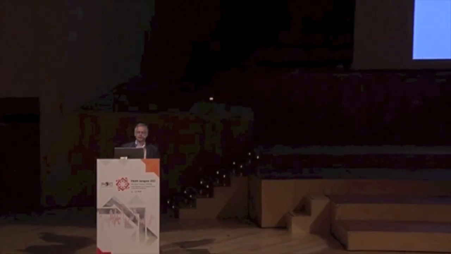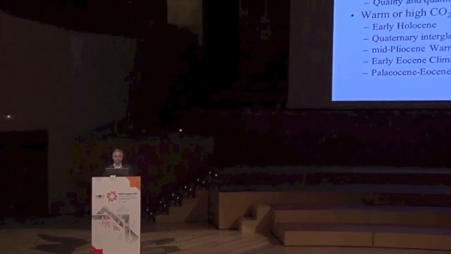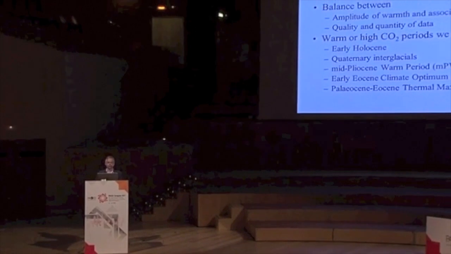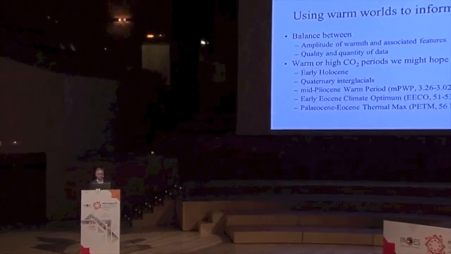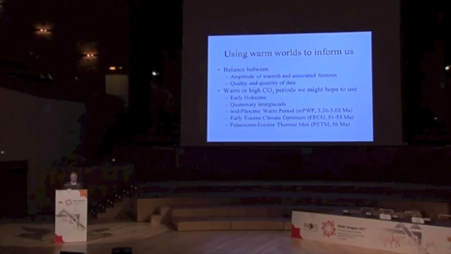But set against that is the quality and quantity of the data that's actually available. So there are various warm or high CO2 periods we might hope to use, and I've listed them there. I don't necessarily need to spell them out, but in case you don't know, they go right back to the early Eocene, which isn't really PAGES' territory, but nonetheless it's a warm world that people use.